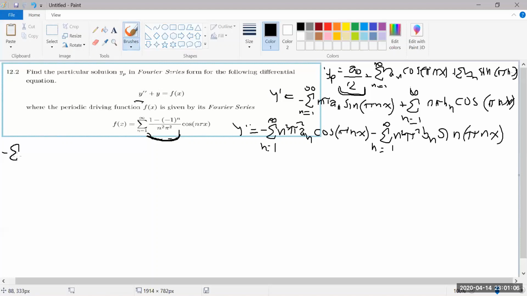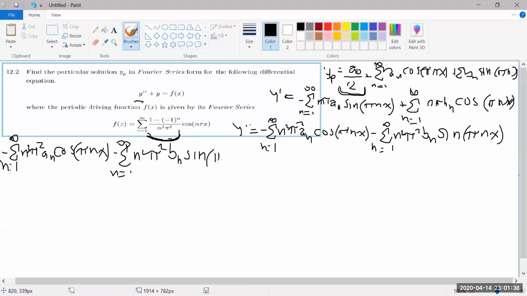Okay, summation n equals 1 of negative n squared pi squared a sub n cosine pi n x minus our sine term here, n squared pi squared b sub n sine pi n x. Okay, so that's our y double prime term.